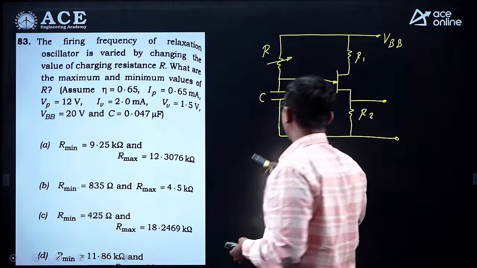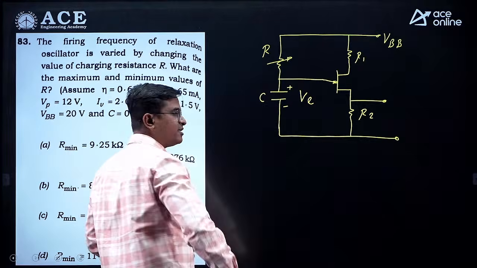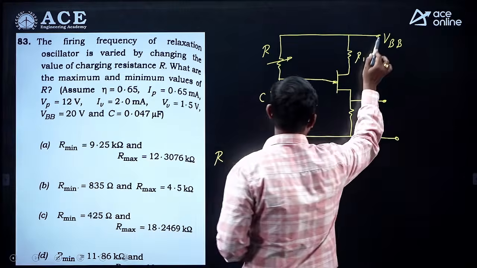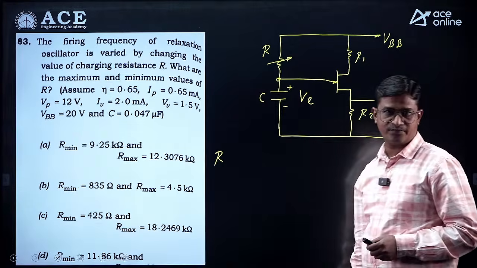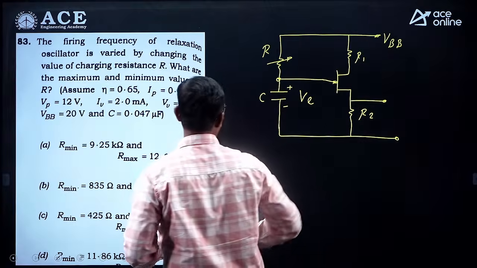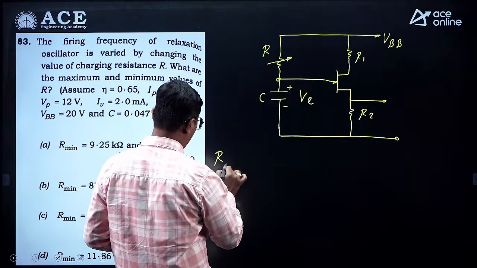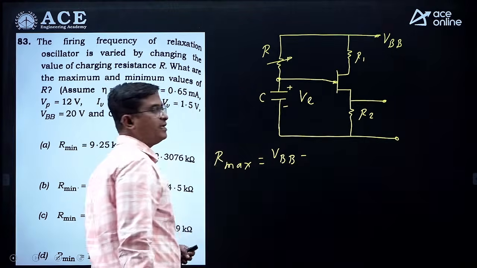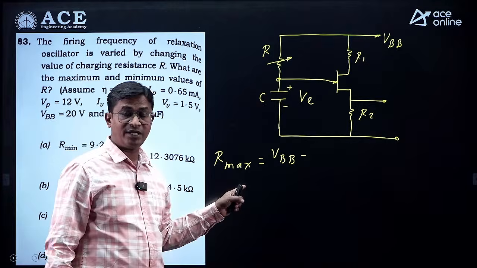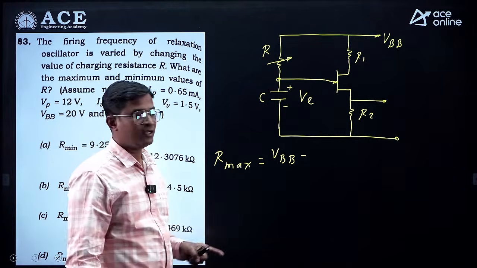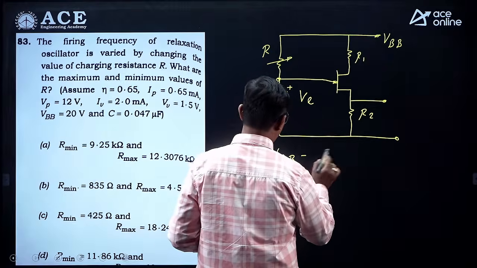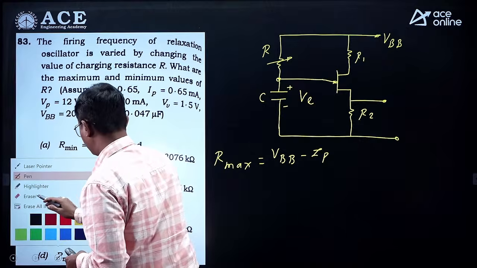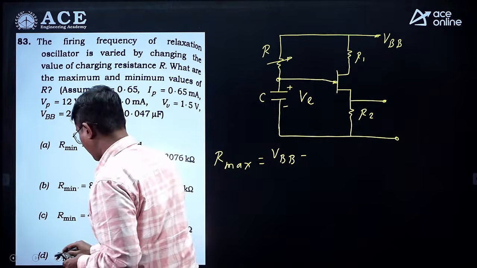In order to find the minimum and maximum values of the resistance, I can write that the resistance value depends on this side voltage minus this side voltage. So R max equals VBB minus VP, and this maximum resistance will limit the current, which is IP. We take the difference of the voltages and divide by the current.